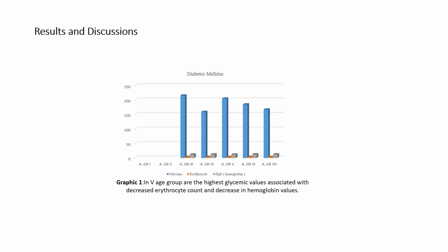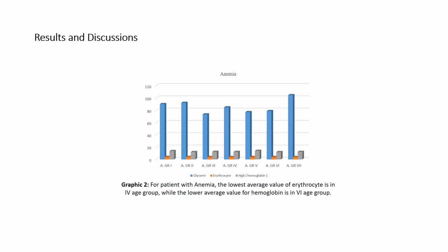In the 5 age group are the highest glycemic values associated with decreased erythrocyte count and decrease in hemoglobin value. For anemia, graphic 2. For patients with anemia, the lowest average value of erythrocytes is in the 4 age group, while the lowest average value for hemoglobin is in the 6 age group.